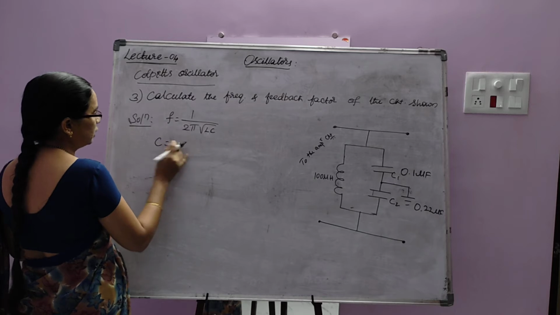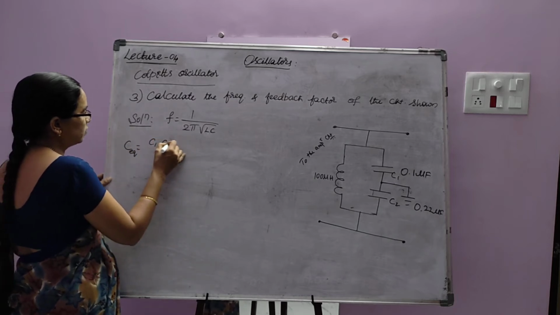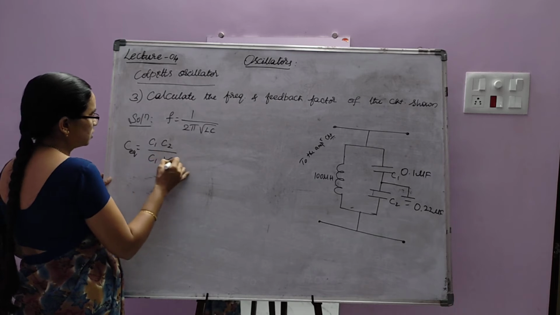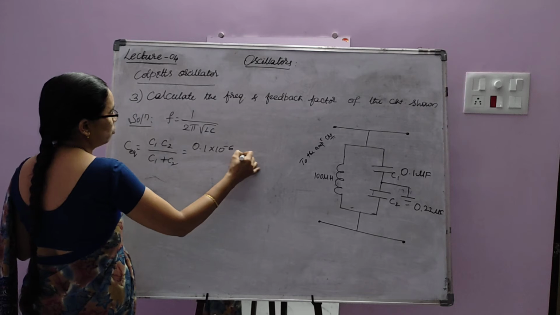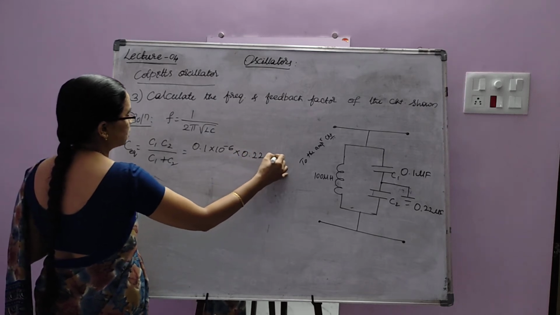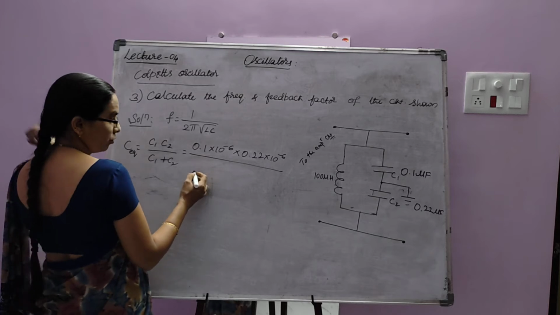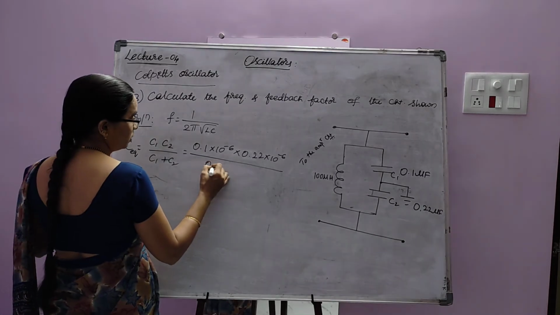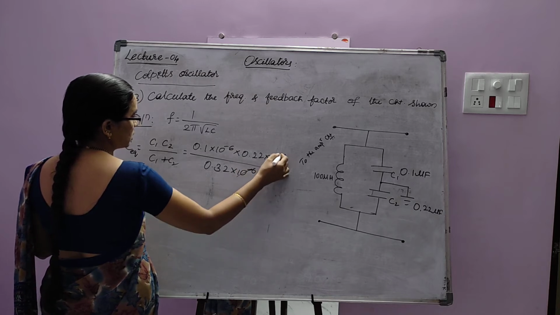C can be calculated. C equivalent is calculated as C1 C2 divided by C1 plus C2, that is 0.1 into 10 to the power of minus 6, 0.22 into 10 to the power of minus 6 divided by 0.1 plus 0.22, 0.32 into 10 to the power of minus 6.